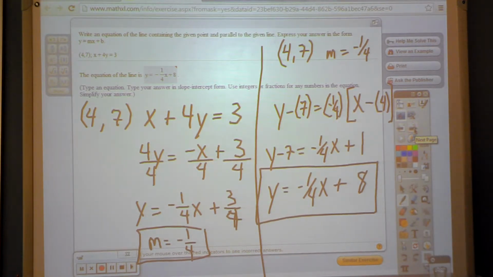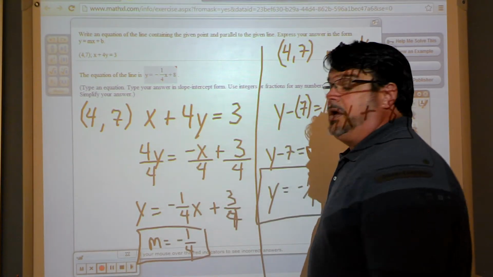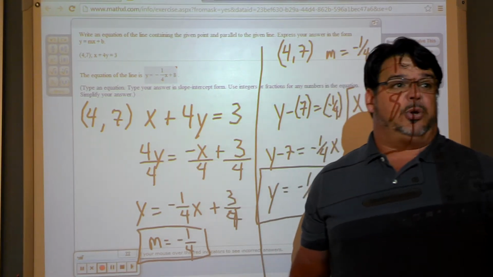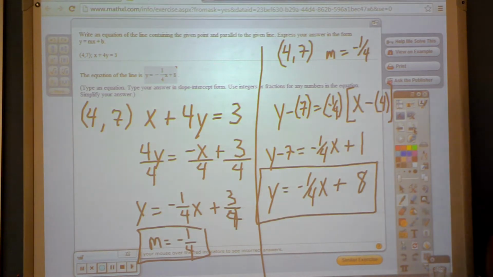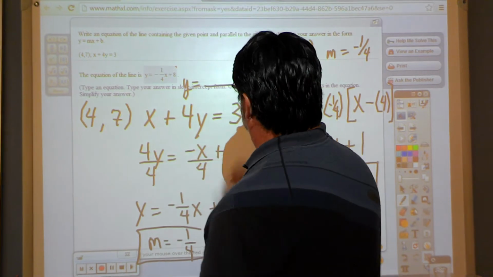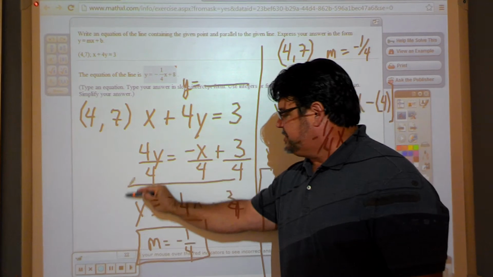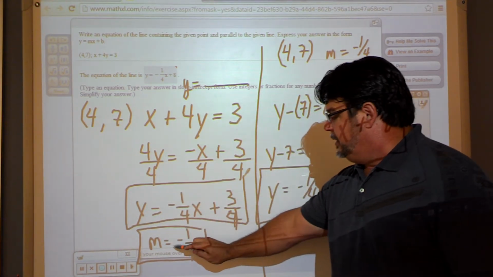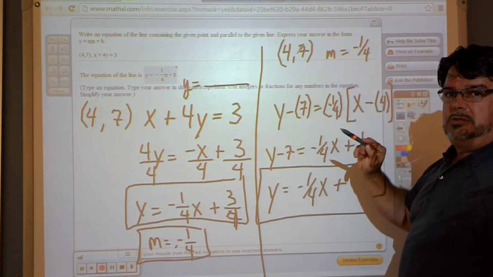Remember me telling you, if it gives you a point and a slope, that's the easier of the 3. This one gave us a point and a what? It's not called the point equation, it's called the point-slope equation. You have to find the slope. That's why we found the slope by getting y equal to something, and once we got y equal to something, we could find the slope. Then we put that slope beside the point in the point-slope equation, plug and shove.